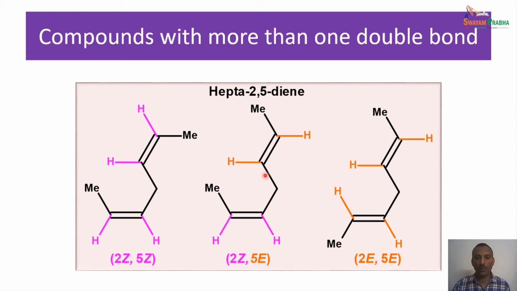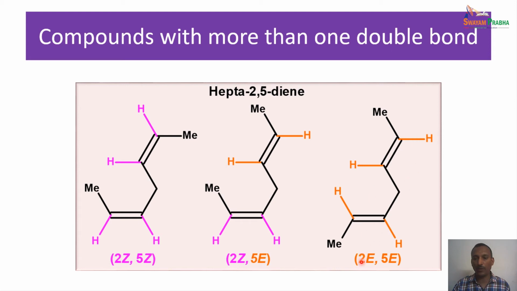When we come to the second one, if you look at the hydrogens on the second and third carbon, they are on the opposite side, whereas at the fifth position they are on the same side. So this is the trans isomer and this is the cis isomer, so basically this is the E isomer and this is the Z isomer. In the same way, in this last isomer, these two groups are on the opposite side, and the hydrogens are on the opposite side across the double bond at the fourth and fifth carbon.